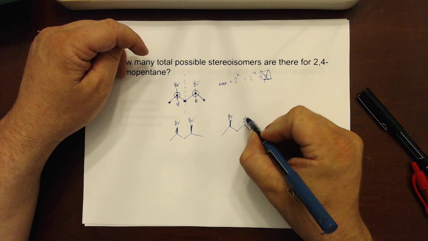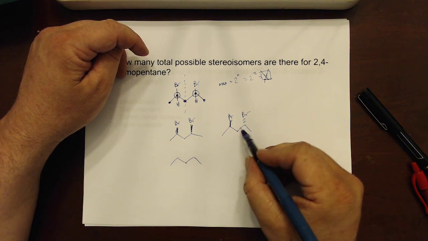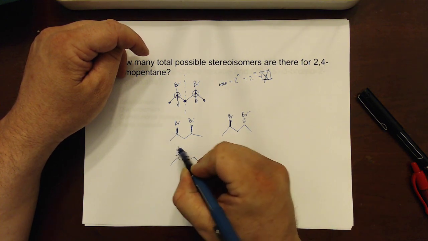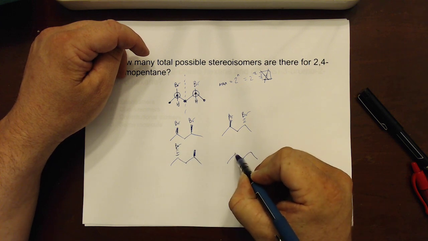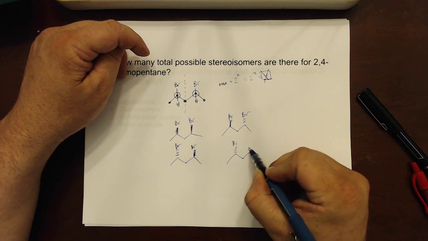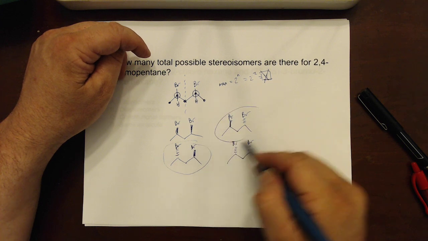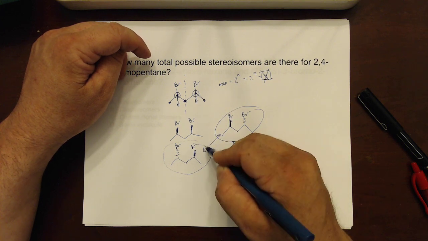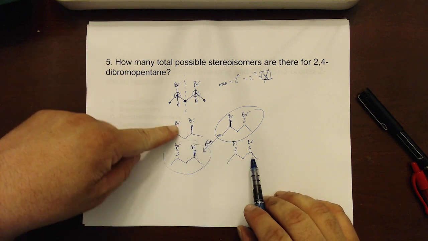So this, bromine, right? And so here, so these are the 4 possibilities. These guys here, these are enantiomers, and they're diastereomers, stuff like that.